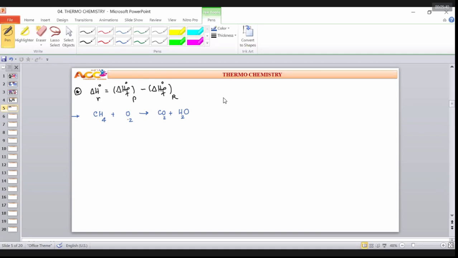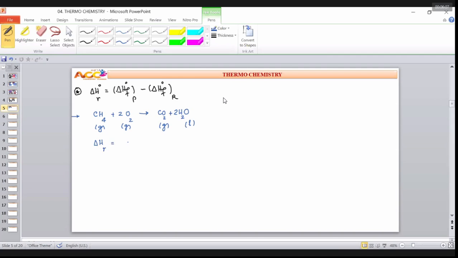One carbon, 4 hydrogens, and here we have 2 oxygens. Methane is gas, here we have gas, here we have liquid. That is not necessary at present; we discussed it in the previous class. Now my job is to find out the enthalpy of this reaction.